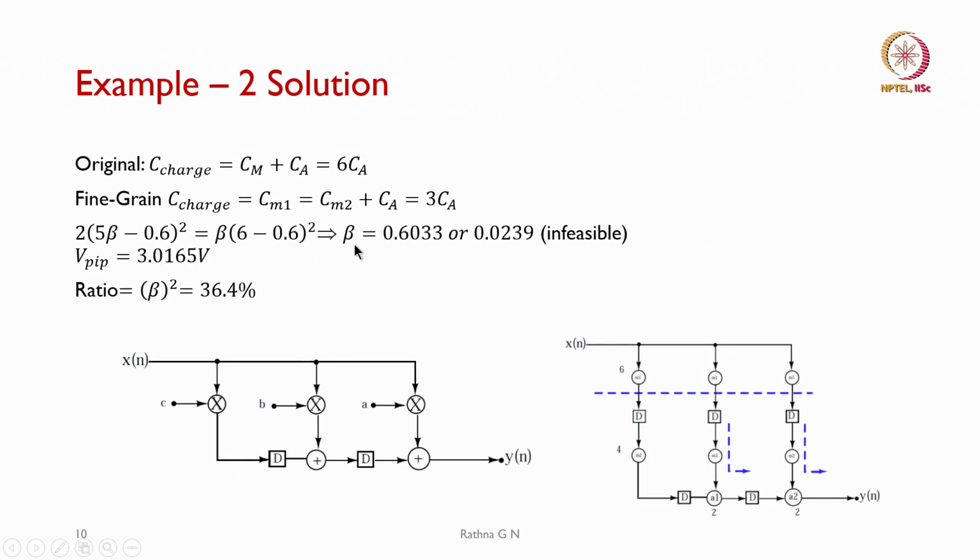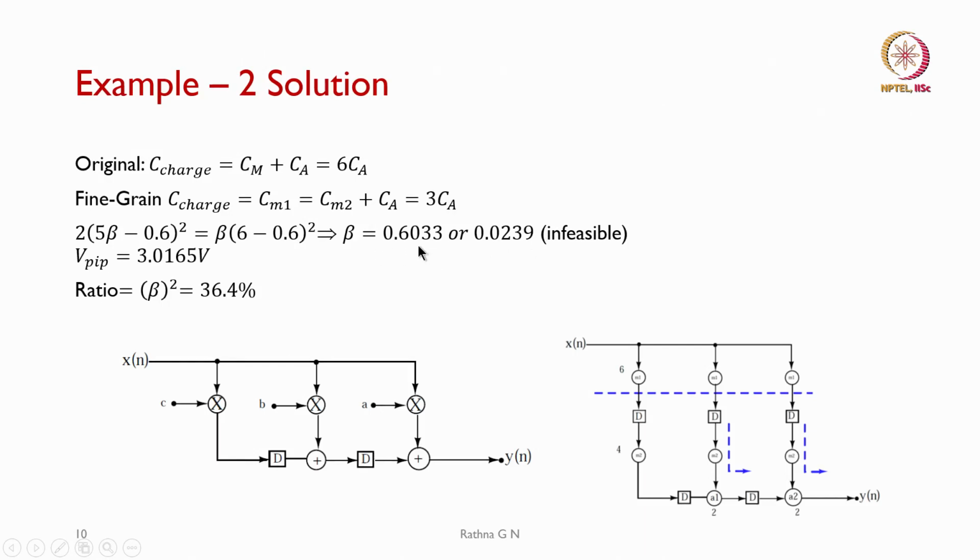It is going to be beta equal to 0.6033 or 0.0239. Because our threshold voltage is 0.6 volts, the second value is much below that threshold, so the transistor will not be switching on. So, we say that this is infeasible.